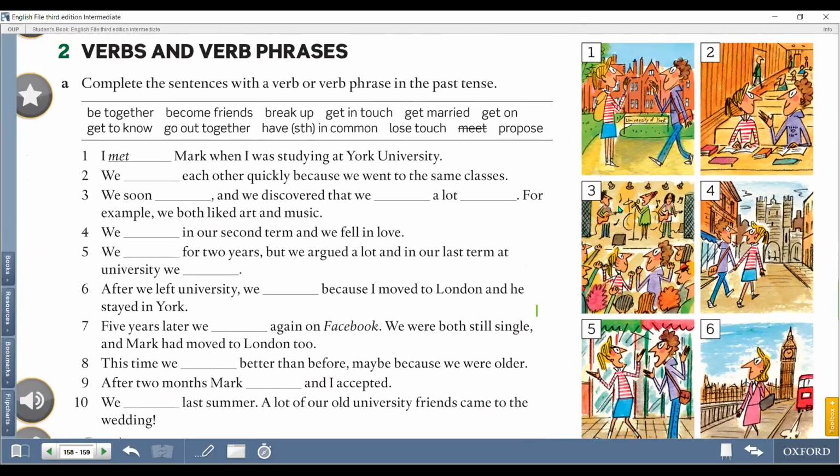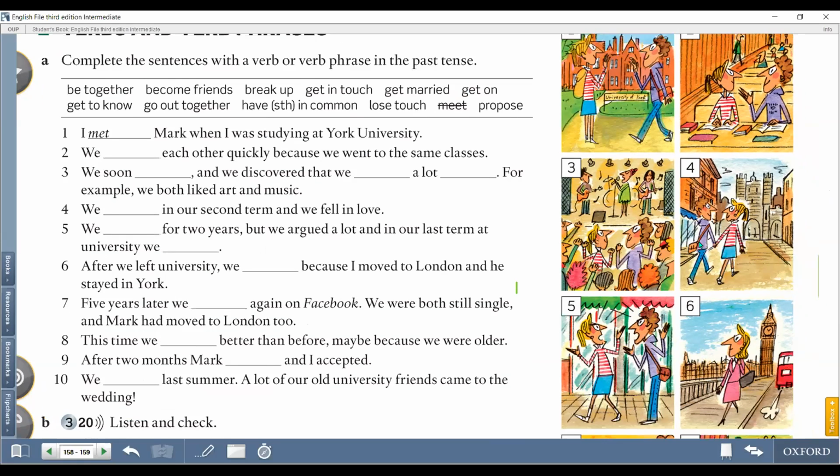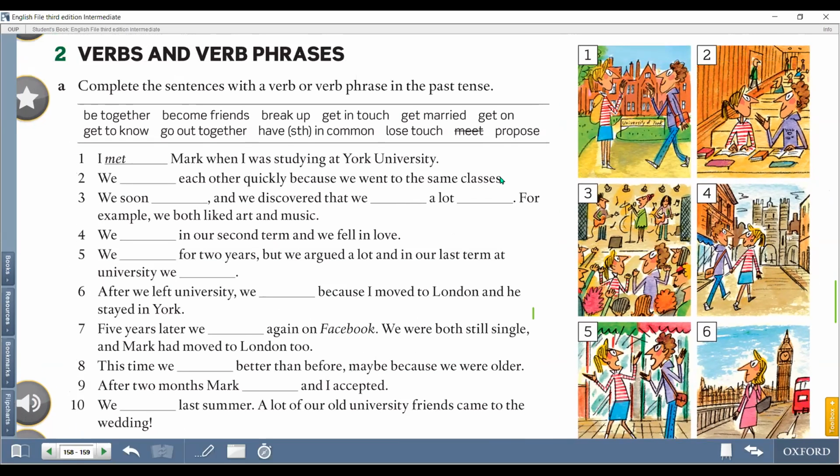Complete the sentences with a verb or a verb phrase in the past tense. So this is actually a story that we have here, but you have to use the right one. Number 1: I met Mark when I was studying at university.